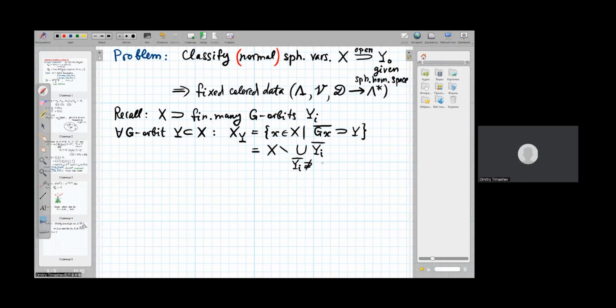And since there are finitely many orbits yi, there are finitely many of their closures, which are closed subsets in X. And when we remove from X the union of finitely many closed subsets, we get something open. So this x sub y is open in X.